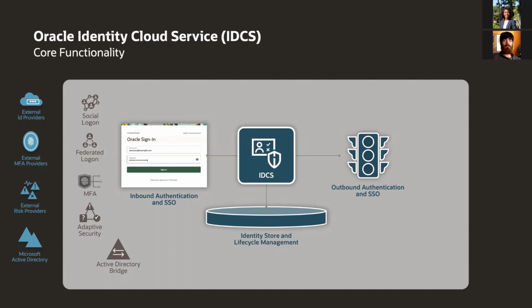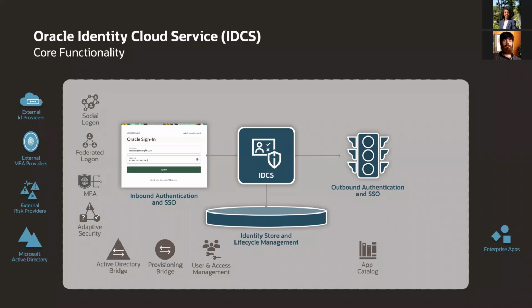All right. Next up, we have our identity store and lifecycle management. So how do we manage their access once we get them and know who they are? We have our app catalog, which allows us to grant access to those applications and to find them in IDCS for some of the most popular available apps. We have over 1,000 entries already.